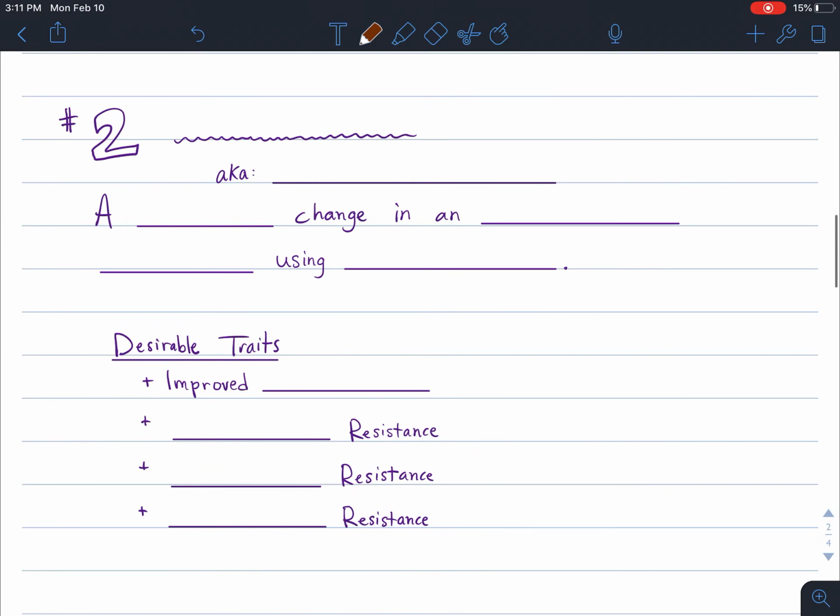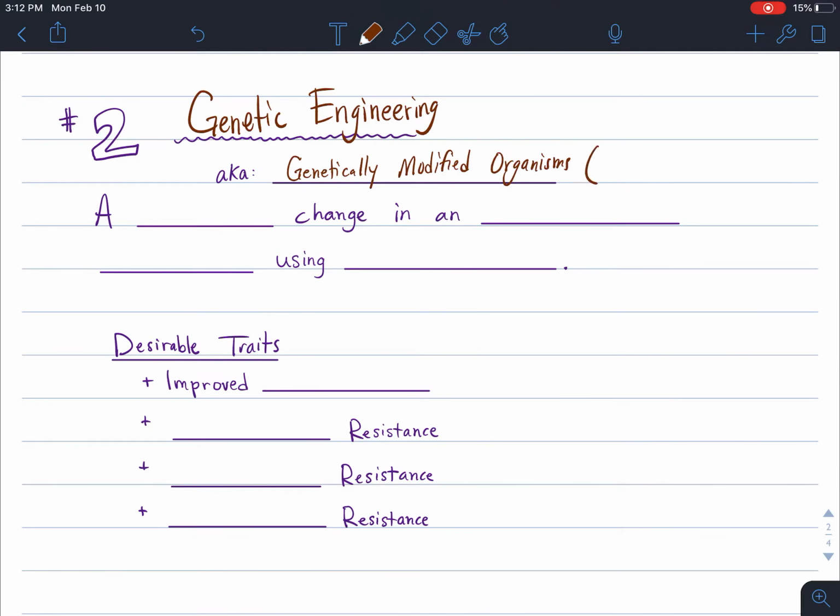Another way that we can influence the traits of babies is we can do something that we would call genetic engineering. So you can think about what an engineer does. An engineer designs and builds things. Well, genetic engineering is the same idea. It's also known as genetically modified organisms, aka GMOs.